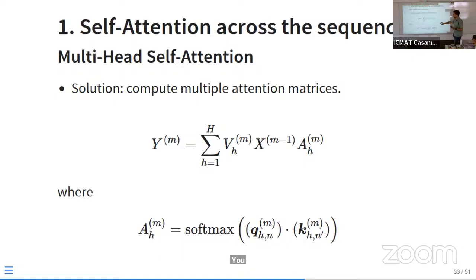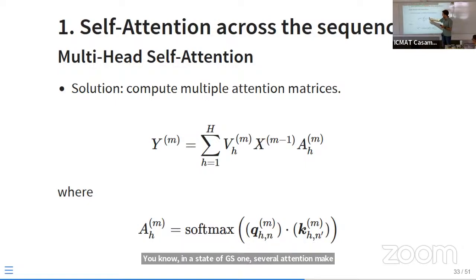There is going to be capital H attention matrices, and there is going to be capital H terms with attention that are summed. And here, capital H is just the softmax between the query vector for attention head H and the key vector for attention head H, okay?